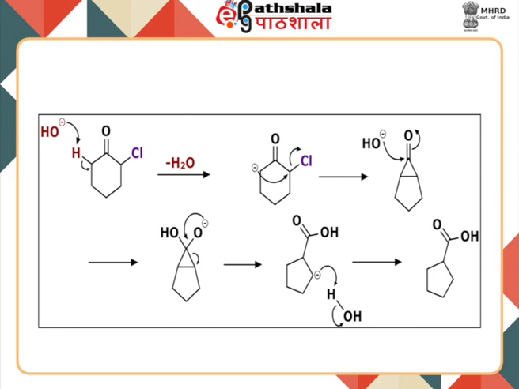For example, in cyclic alpha haloketones, the reaction involves abstraction of an alpha proton by base to give a carbanion intermediate which is resonance stabilized with its enolate form. This carbanion or enolate cyclizes to a cyclopropanone intermediate which is then attacked by the hydroxide nucleophile to form a carboxylate derivative.